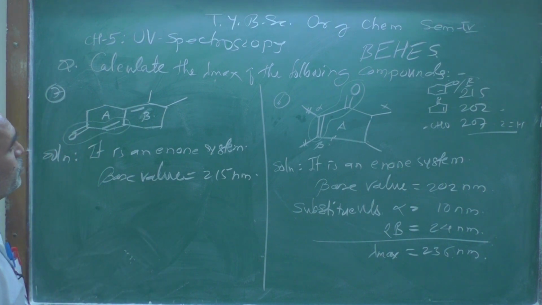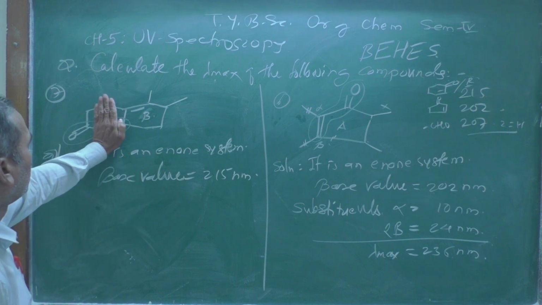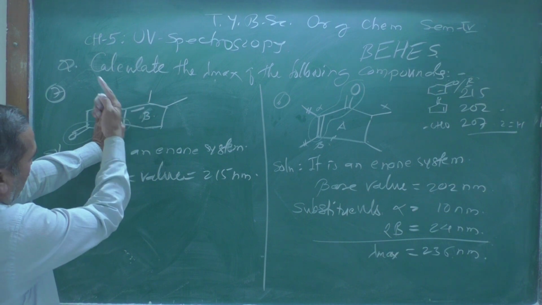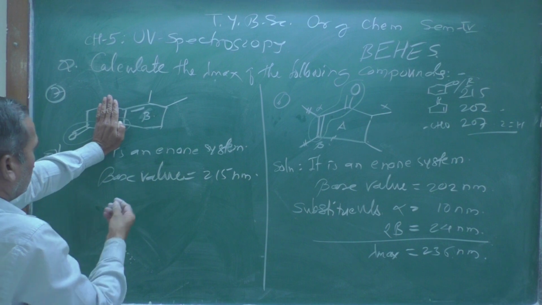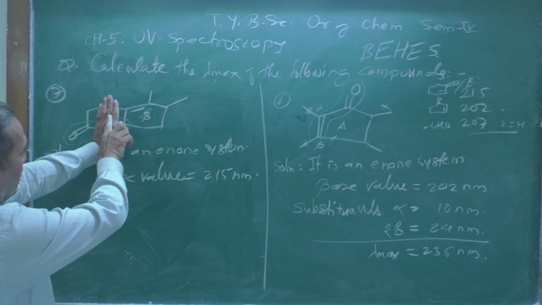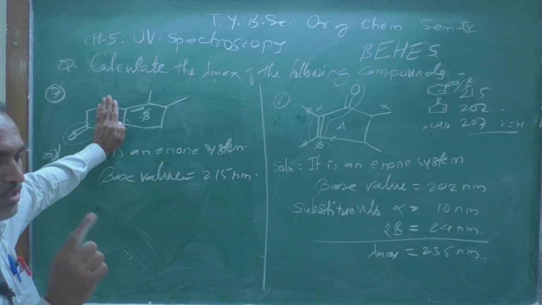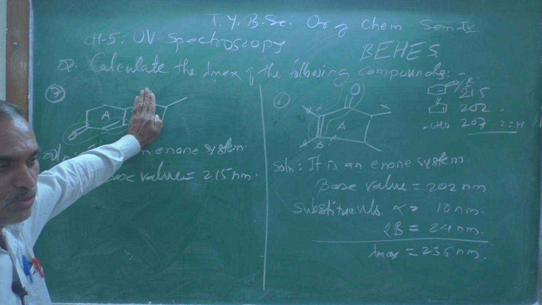Now, what is next? E stands for exocyclic. As we know, if you put your hand on A, what do you observe? Look here, one outside double bond is there. Don't consider carbonyl as exo, but here one exo is present for ring A. Now put your hand on B. What do you observe?